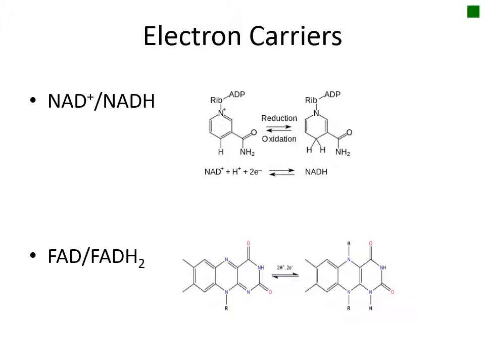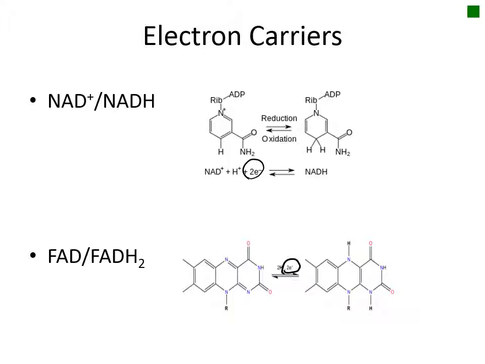These are the reduced forms of NAD+ and FAD. During cellular respiration, NAD+ or FAD picks up electrons, seen here in these two equations, during the oxidation of glucose. They are then reduced, and these electron carriers will bring those electrons to the electron transport chain, where they will act as electron donors, becoming oxidized back to NAD+ or FAD.